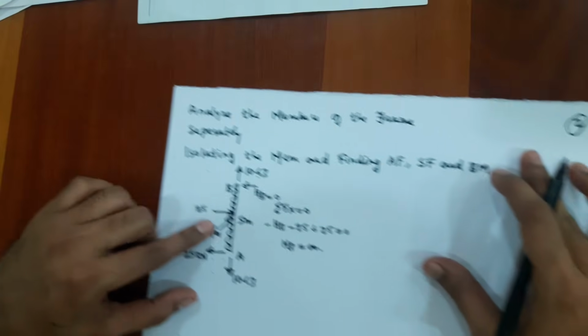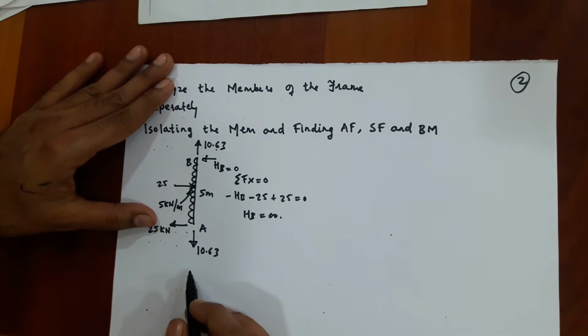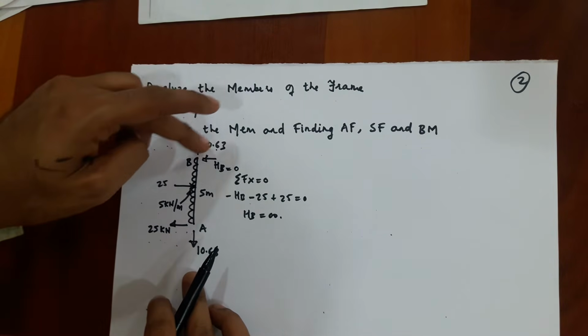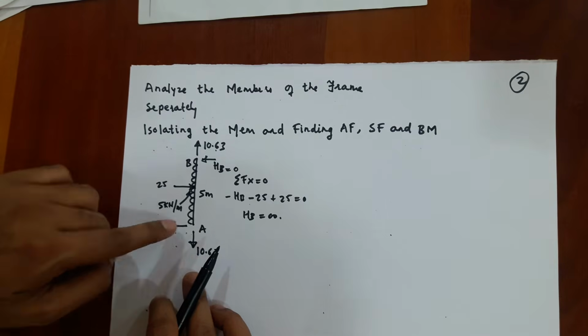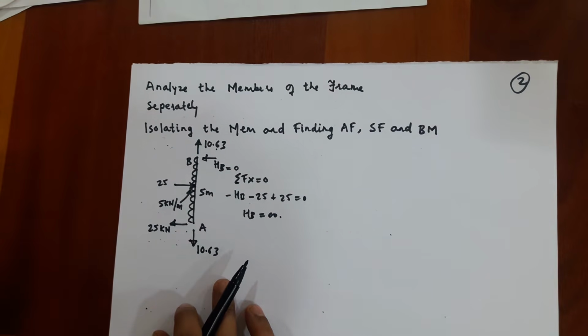You see here, the axial force is along the member. The nature of the axial force is tensile, 10.63 away from the joint. We know from the sign convention, for tensile axial force we have to take positive. For compression axial force we have to take negative.